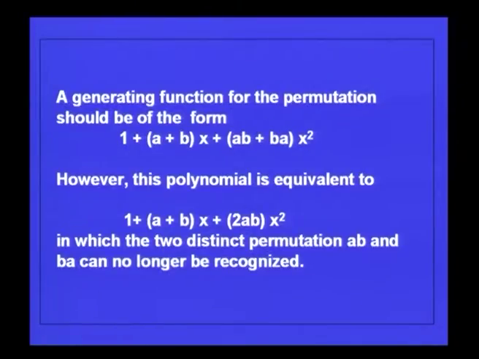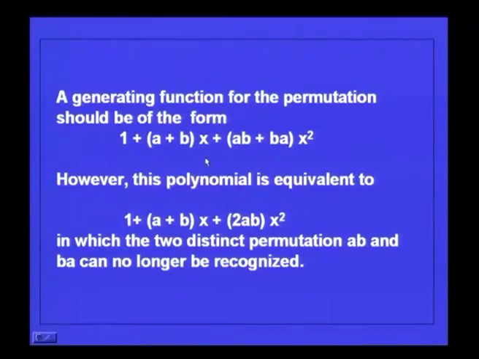So, a generating function for the permutation, suppose you are having two objects A and B, then it should be of the form 1 + (A + B)x + (AB + BA)x². Suppose you are having two objects A, B, then if you do not have any of them, there is only one way of doing it, and if you have one of them, either you can put A or you can put B. If you have two of them, you can arrange them either in the order AB or in the order BA.